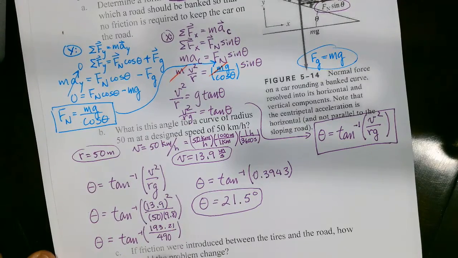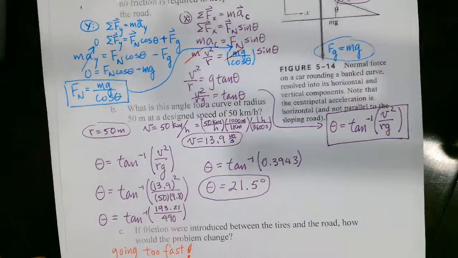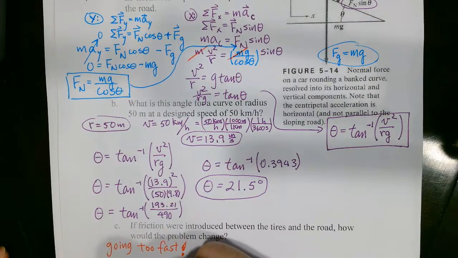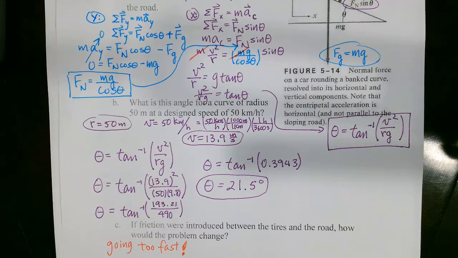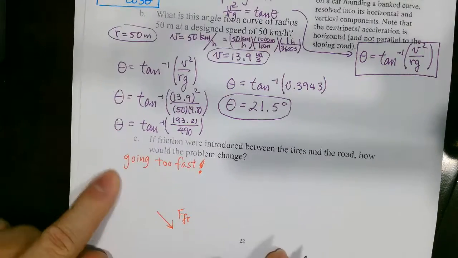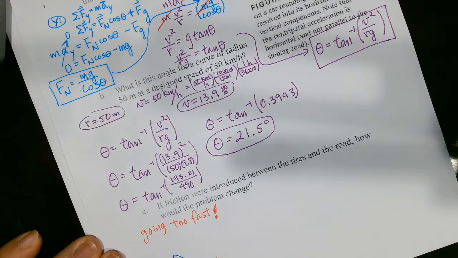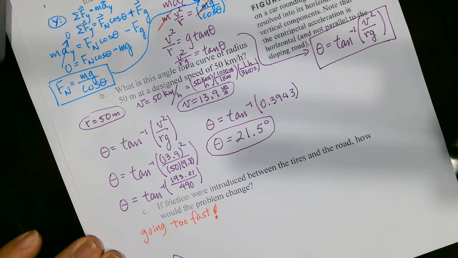The friction has to act down the embankment in order to prevent the car from sliding up the embankment.